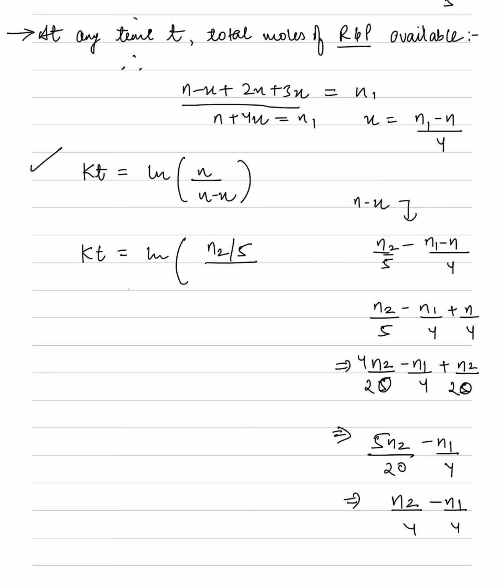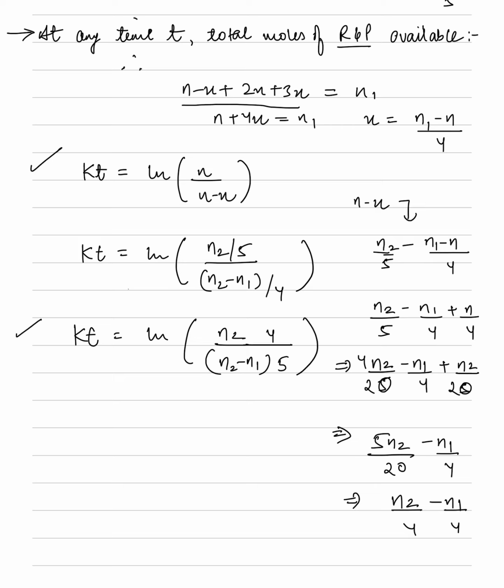So n minus x is actually (N2 minus N1) upon 4. So ultimately the answer comes out to be ln of N2 upon (N2 minus N1). 4 goes up and 5 comes down. This is the final answer.